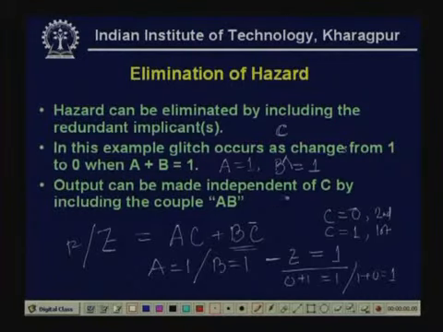Now, this particular property we can utilize to make the circuit hazard free. And how we can do that? We can include another input AB, which is actually a redundant implicant.